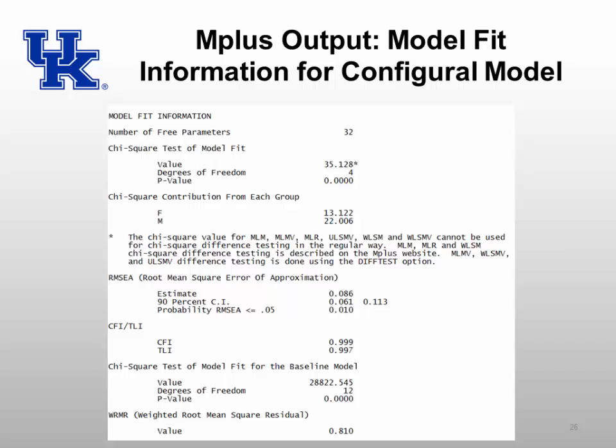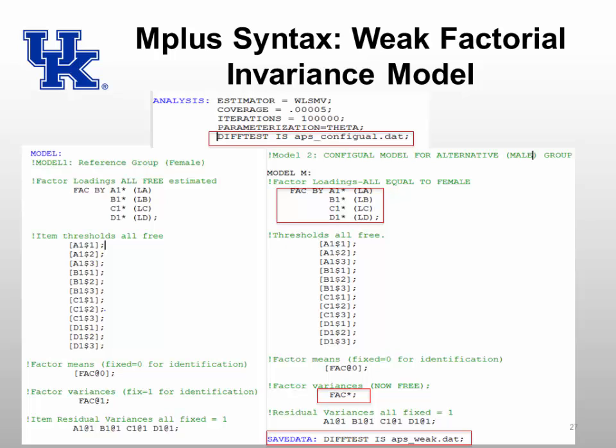We also look at the weighted root mean square residual, the bottom line. When it is below 1.0, the model-data fit is acceptable or good. So we have evidence showing that the model-data fit is acceptable, and we proceed to the next step.